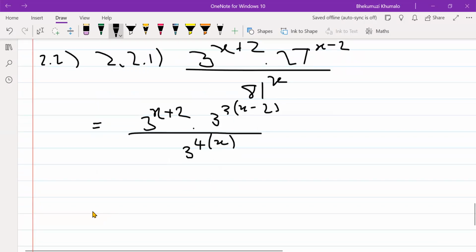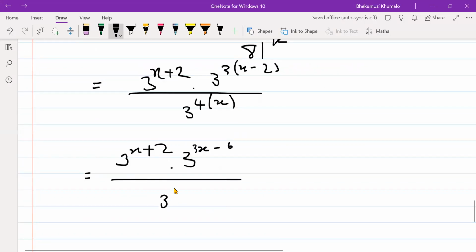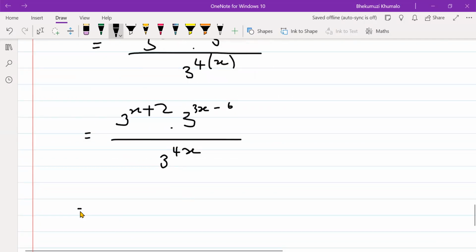Right, and so from here, it becomes quite straightforward. It's 3 to the power x plus 2. First, simplify the brackets. Let's get rid of the brackets. So then it's 3 to the power 3x minus 6, all over 3 to the power 4x. Right. Now we have it the way we needed it. We needed all of the numbers to have the same base of 3, okay?